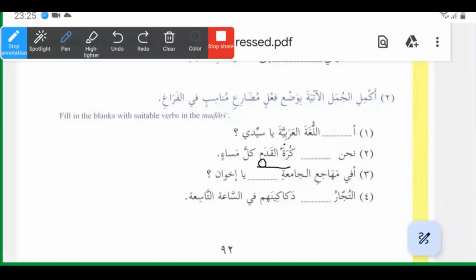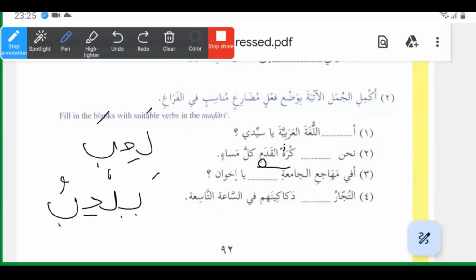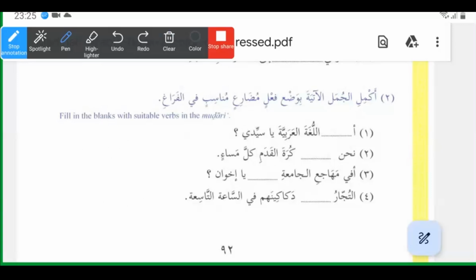What will we do with the football? We will play. So it is laiba. Laiba means he played. Yal abu, future tense, he will play. So here it is nahnu, means we will play.